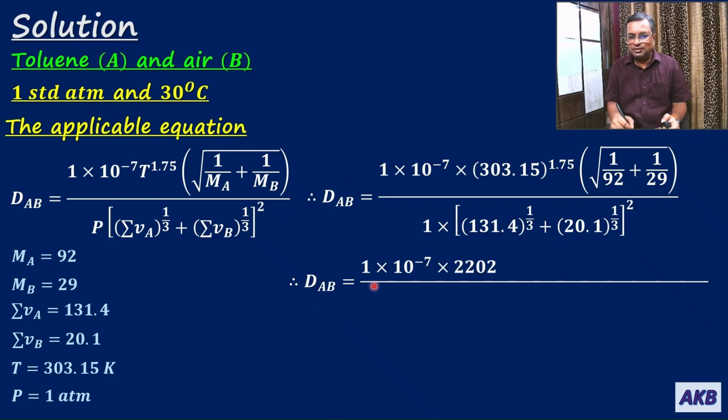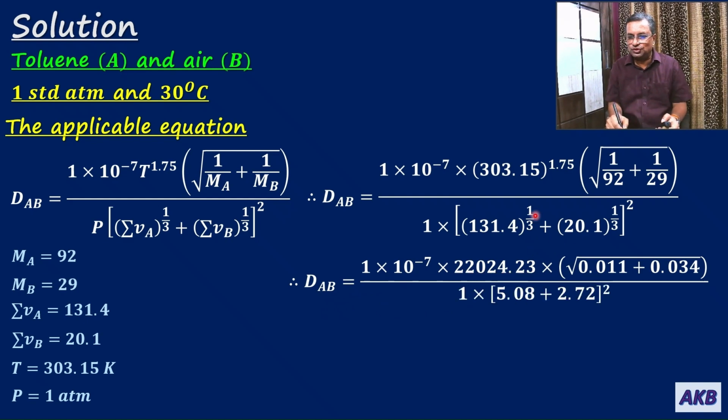So therefore DAB is 1 into 10 to the power minus 7 into 22024.23, this term, into under root of 1 by 92 is 0.011, 1 upon 29 is 0.034, divided by 1 into 131.4 raised to 1 by 3 is 5.08, plus 20.1 raised to 1 by 3 is 2.72.